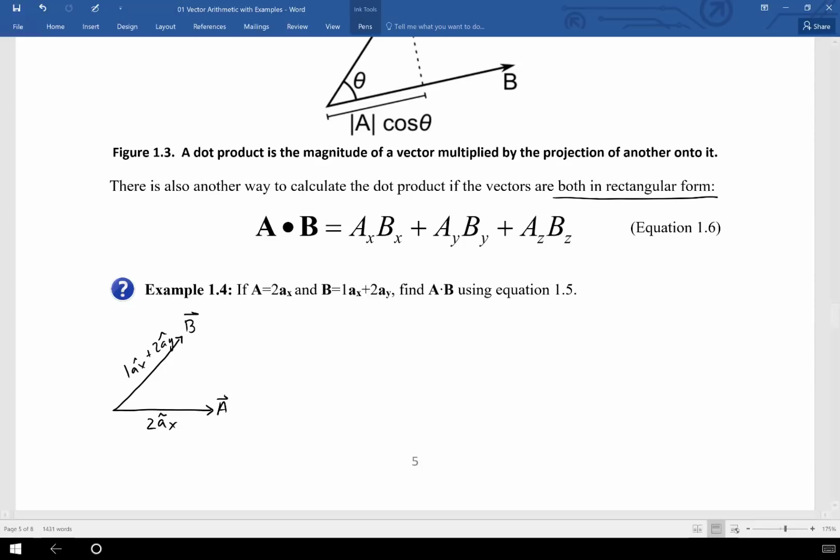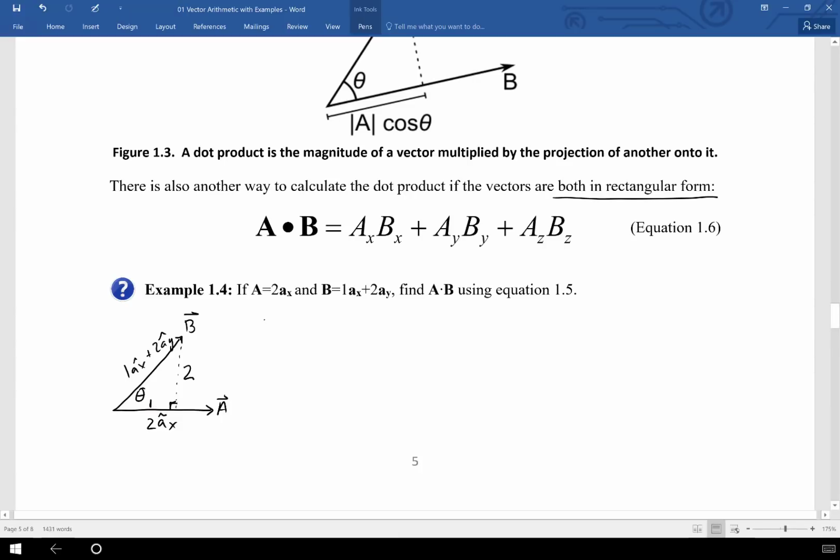Well, I need to calculate what is the theta between these two angles. So theta is going to be the angle that's here. I can calculate theta actually by figuring out what is this quantity right here. Well, this quantity is 2, and this quantity, the horizontal leg of that right triangle is going to be 1. This, of course, is a right triangle.